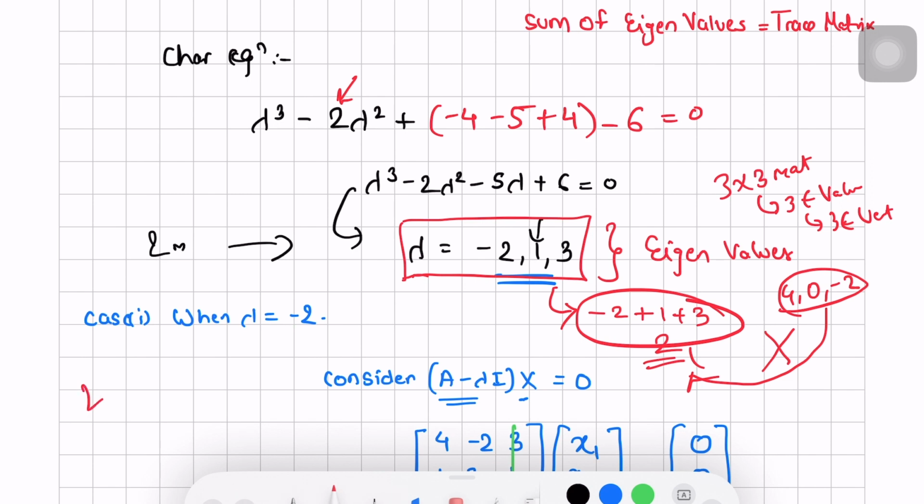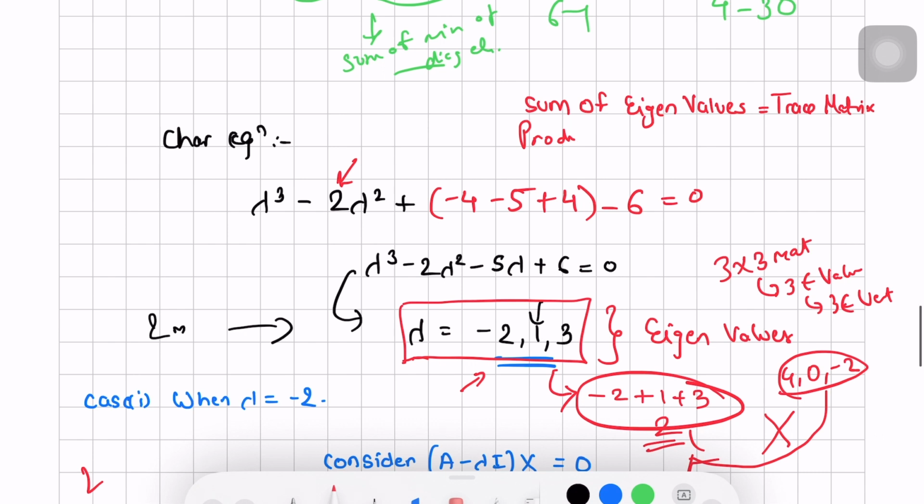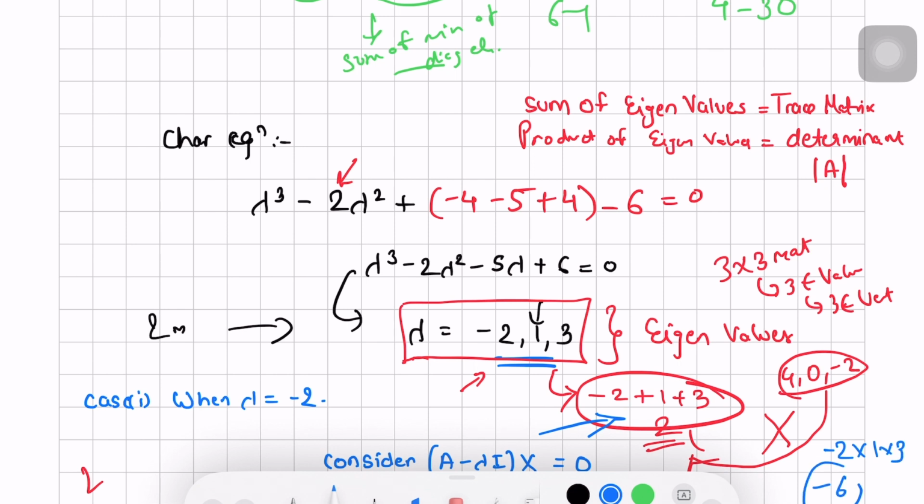So the second way to check if these eigenvalues are correct or not is to find the product of these eigenvalues, and that would be equal to the determinant of the matrix, that is mod of A. If we calculate the product, we get minus 2 into 1 into 3, which is minus 6, and if you check here, minus 6 is the determinant.